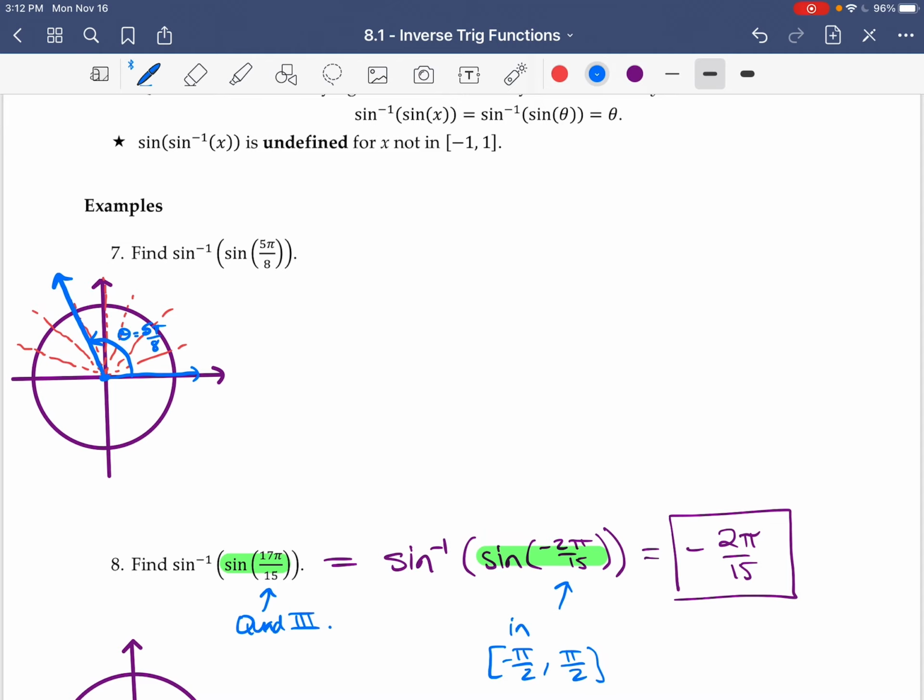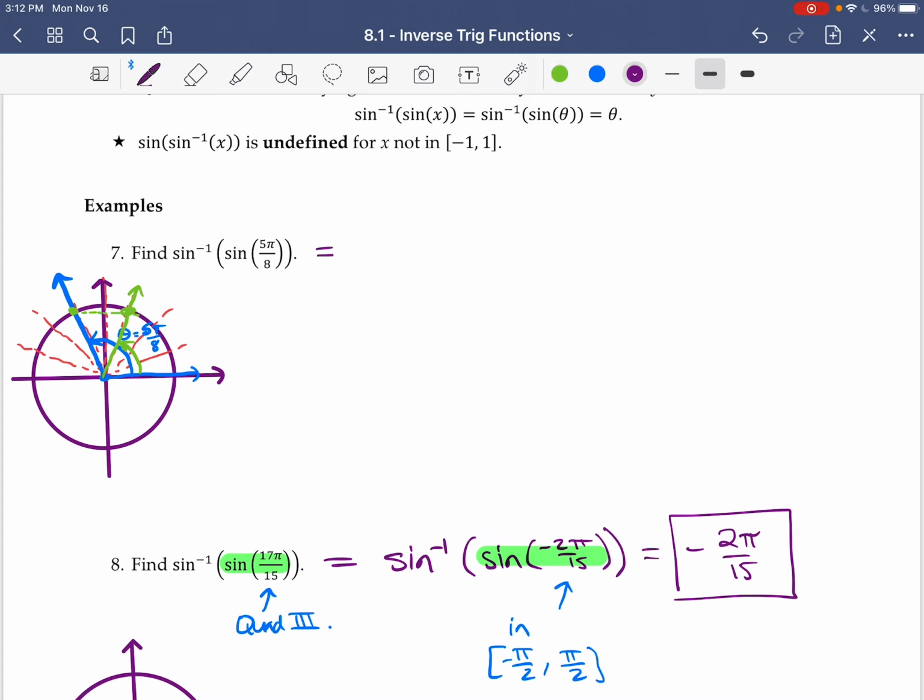It looks like that. I want to know where it has the same sine value, because I'm talking about sine. So I'm going to take this right across. My picture is not very good; it should be right there. So the reference angle is going to be this one here, with this terminal side. That's going to be 3 pi by 8.